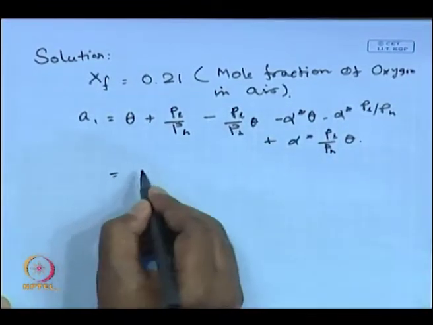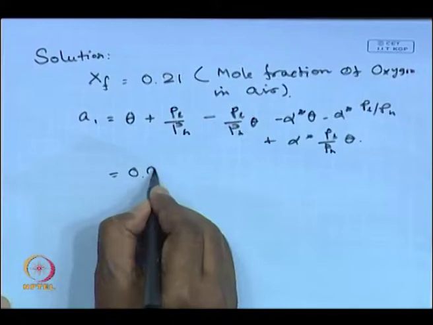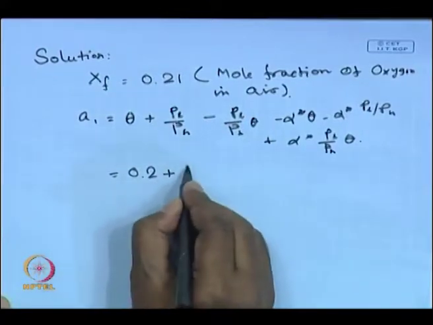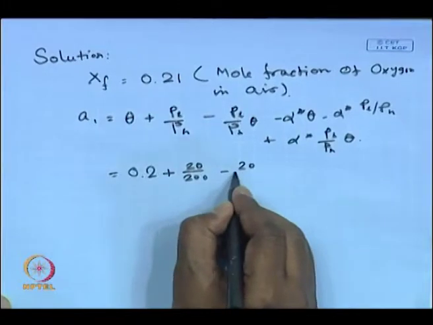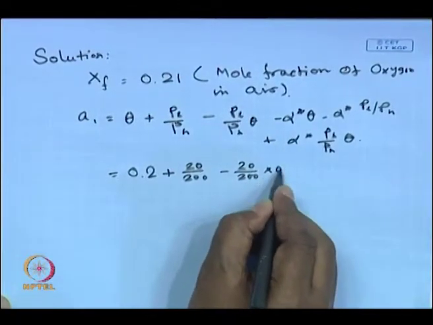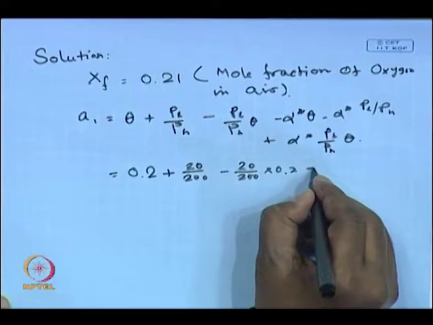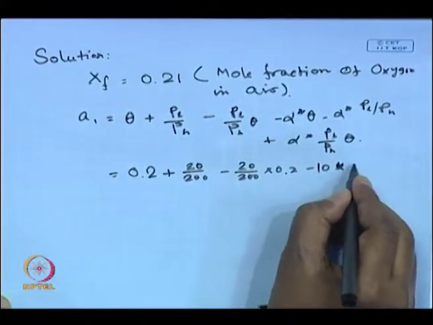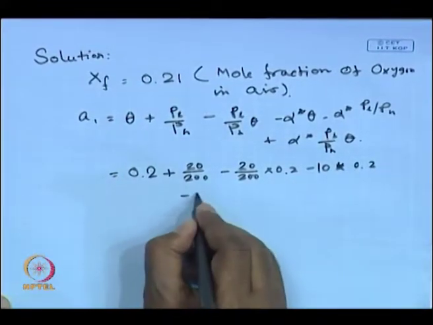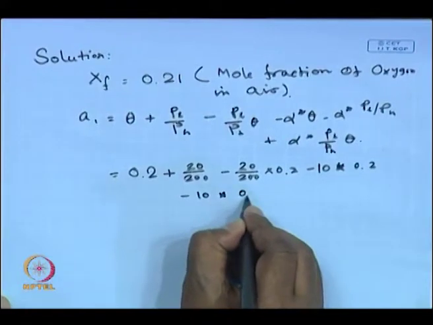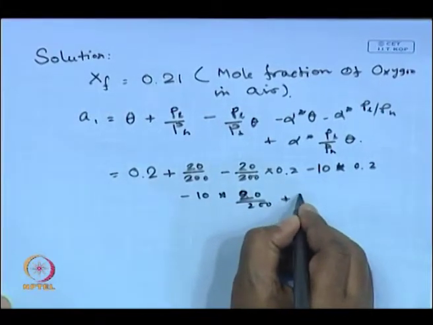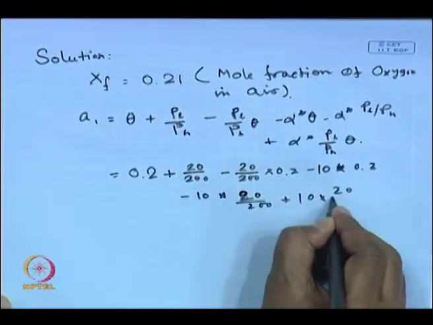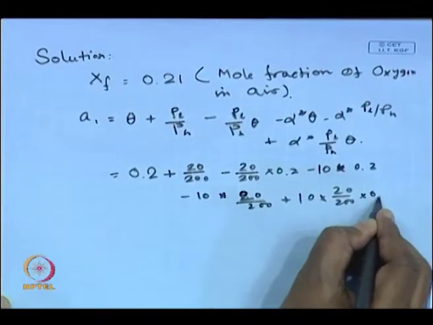If you put in the various values, this turns out to be 0.2 plus 20 by 200 minus 20 by 200 into 0.2 minus 10 into 0.2 minus 10 into 20 by 200 plus 10 into 20 by 200 into 0.2.